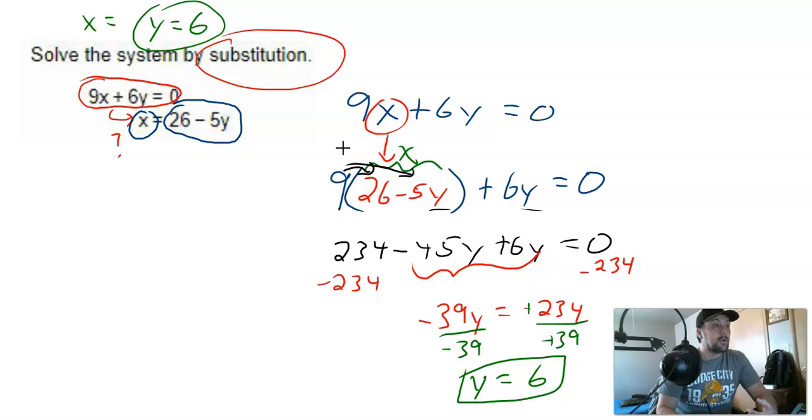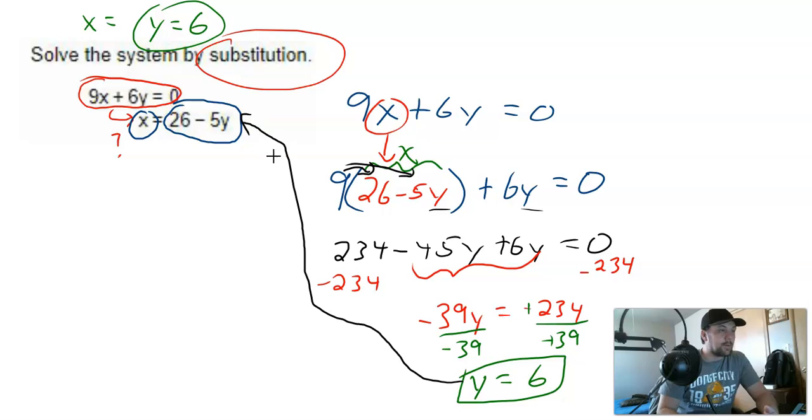Okay. And so we got y equals 6, but we still need to find x. Right? So how do we find x? Well, once you find the value for y, you can get x by taking your value for y and plugging it back into one of the original equations. It really doesn't matter which one you use. You'll get the same answer either way. So let me put it this way.